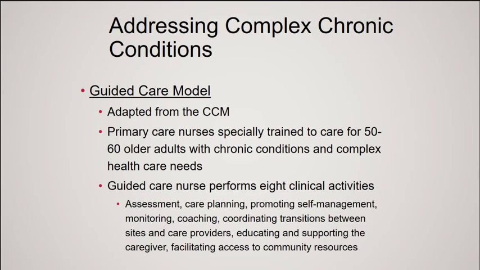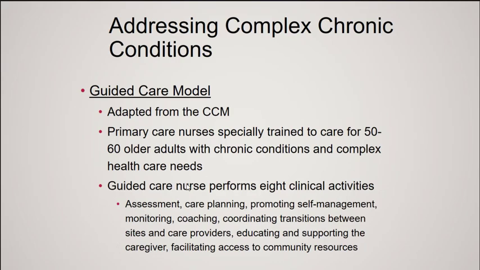It was created by researchers at Johns Hopkins University, and in this model, primary care nurses are specifically trained to care for about 50 to 60 older adults that have chronic conditions, as well as having complex healthcare needs. You can see a list on the slide of the different roles that the guided care nurses were responsible for performing. So there's quite a list here.